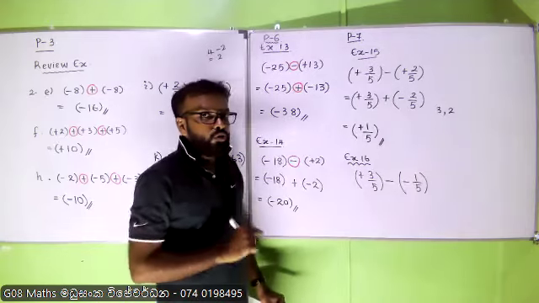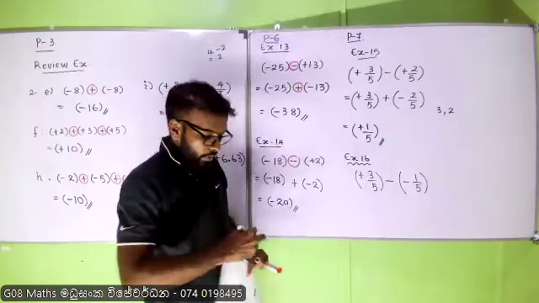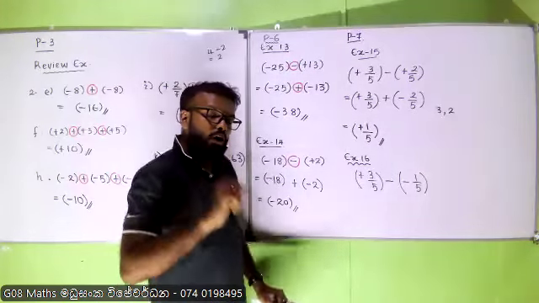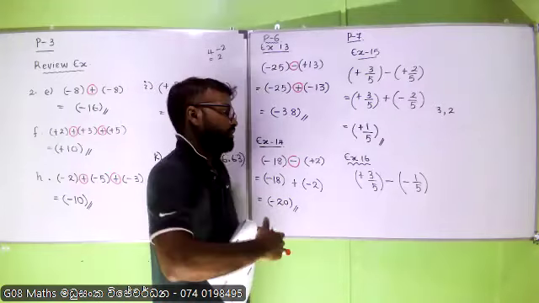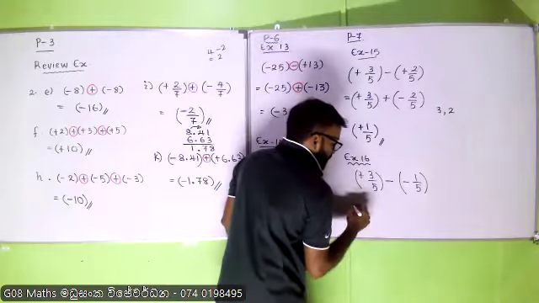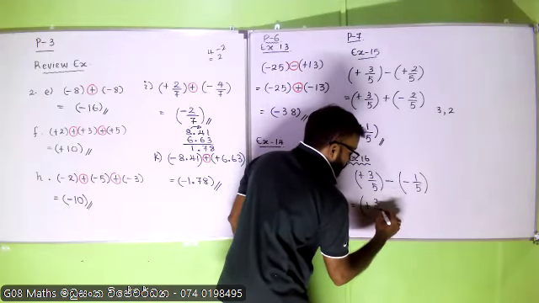So what do you have to do? In the middle you have subtraction. How to do that? You know how to do the additive inverse of that. So how to convert this negative sign into a positive sign? So this is positive 3 upon 5.